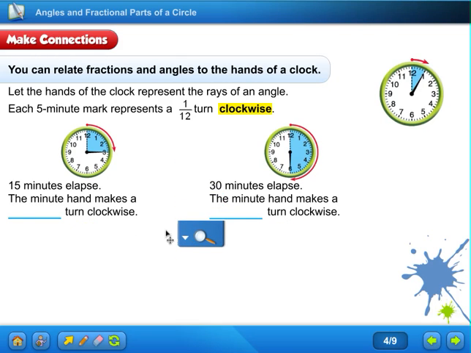Let's just do these two first. 15 minutes elapsed. That means went past. The minute hand makes a blank turn clockwise. How big of a turn is that? How far did it go? It went 3 12ths, or we know 3 12ths also equals 1/4.